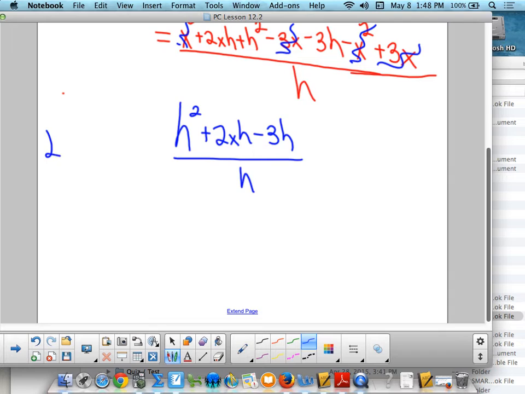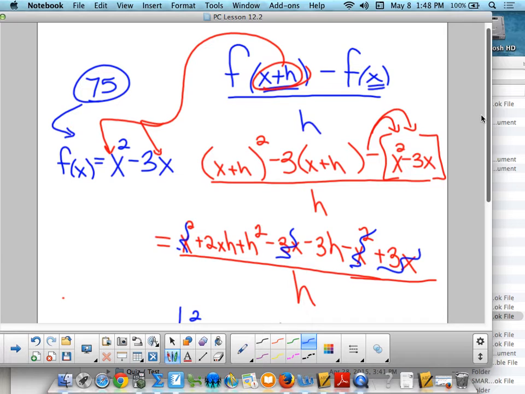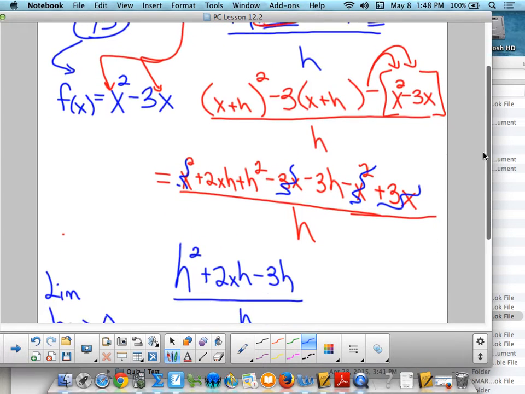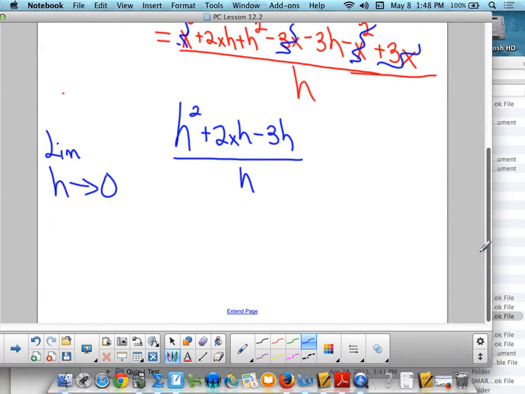And remember, this is the limit as h approaches 0? I think it was 2. I didn't write it down. Oh, is this even a limit problem? No, it's not even a limit problem.